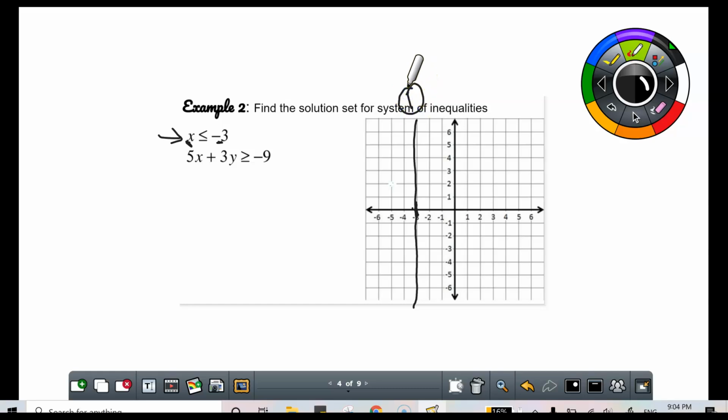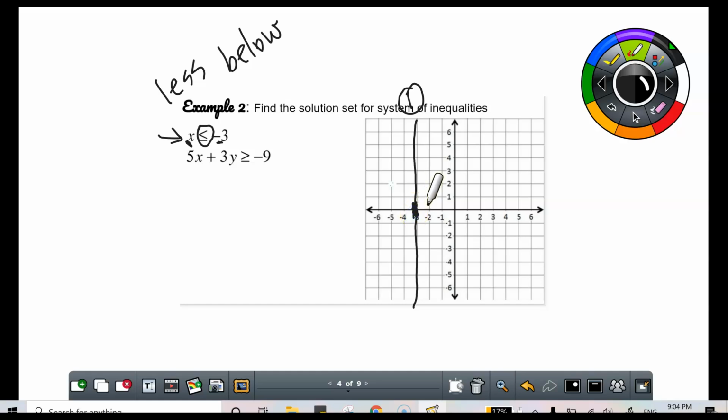And then deal with the inequality symbol. Okay? The inequality symbol is less than. So for less than, you're going to shade below. So for this line, what is on top, what is below of it? So how are you going to decide? So look for the number on the number line.